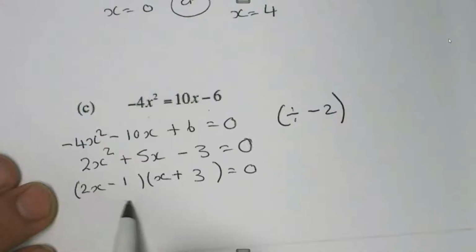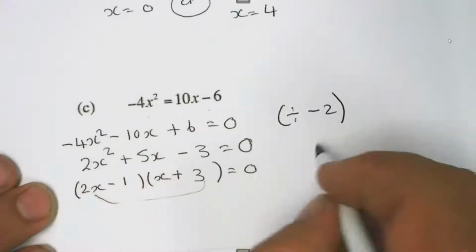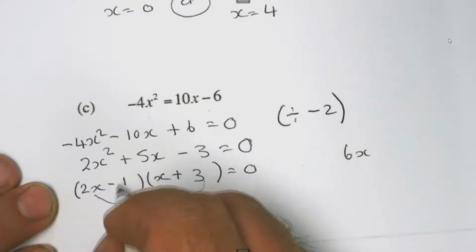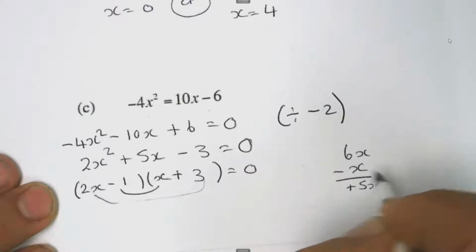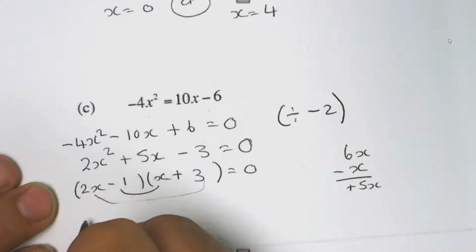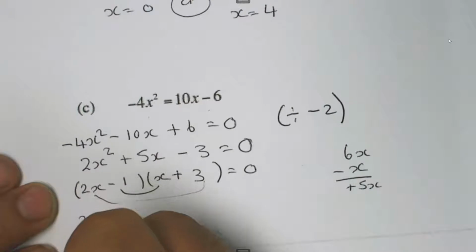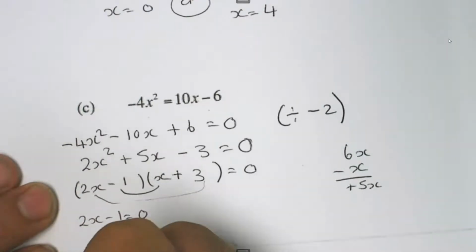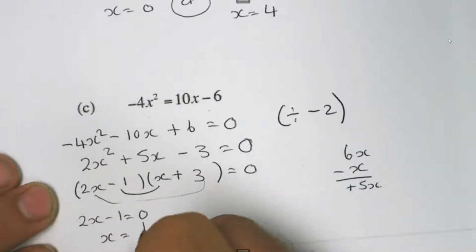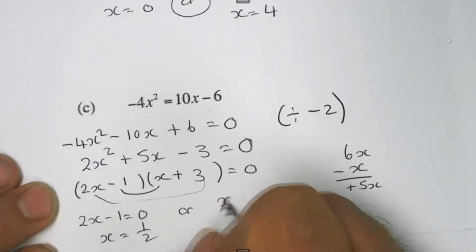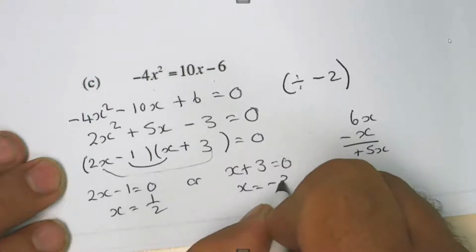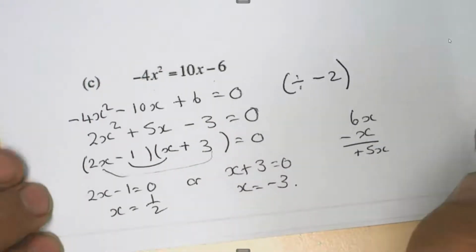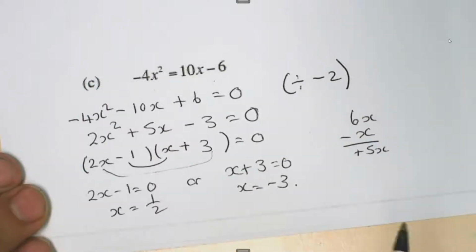If you multiply the outers, I get 6x. If you multiply the inners, I get negative x. If you add them, you get plus 5x, which is the middle term. So here we can say that 2x minus 1 is equal to 0. So x is equal to a half. Or x plus 3 is equal to 0. X is equal to negative 3. So the answer in this case will give you a half and negative 3.